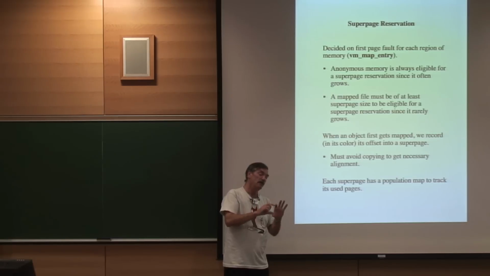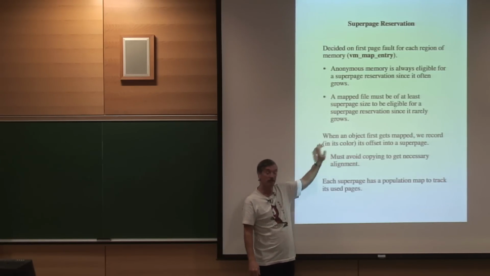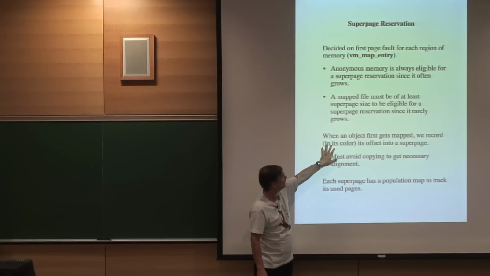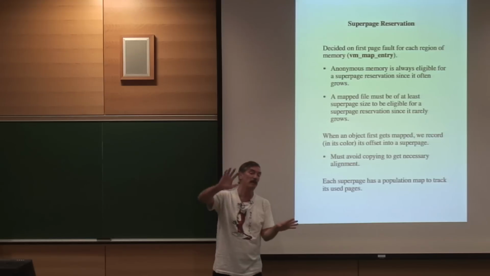And so the offset to the beginning of the first superpage in that object may not be 0. It may be some amount. We refer to that as its color, not to be confused with the previous coloring stuff that we had in earlier versions of FreeBSD.